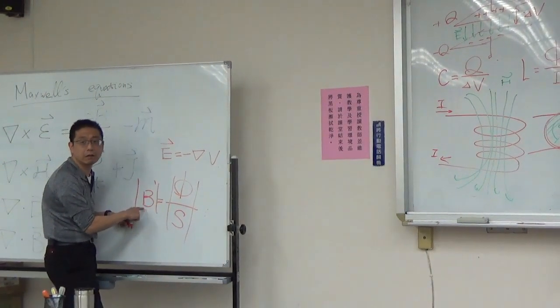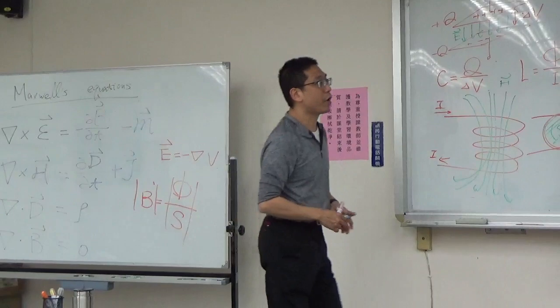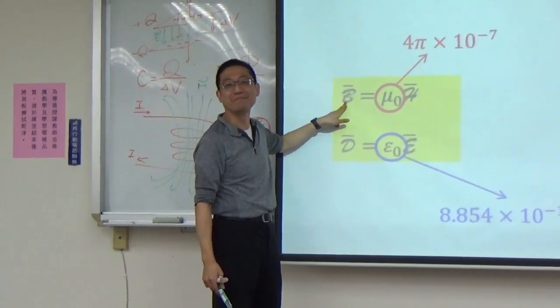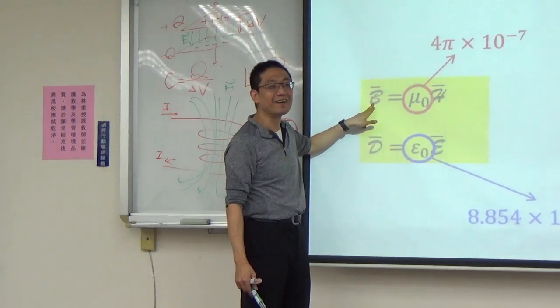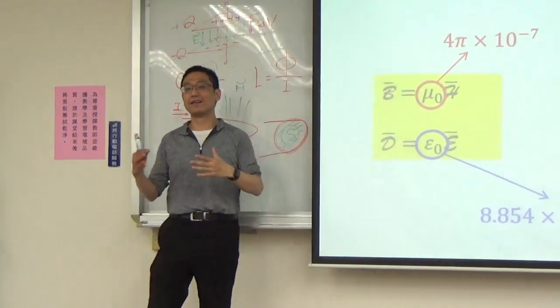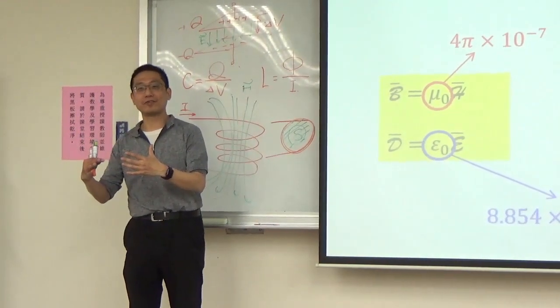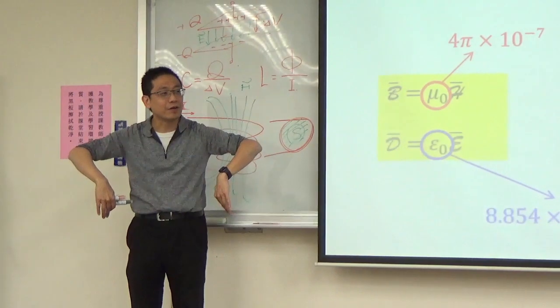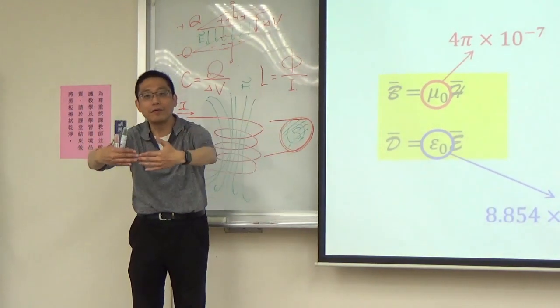What I'm doing here is trying to explain this one. What is B? Okay? B is the average flux going through some area.